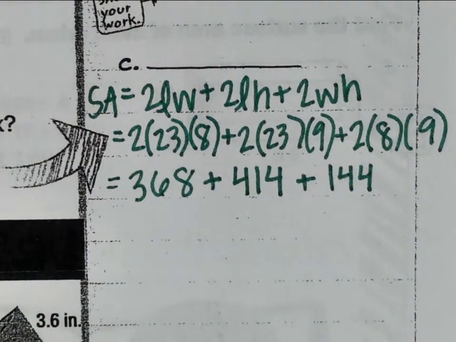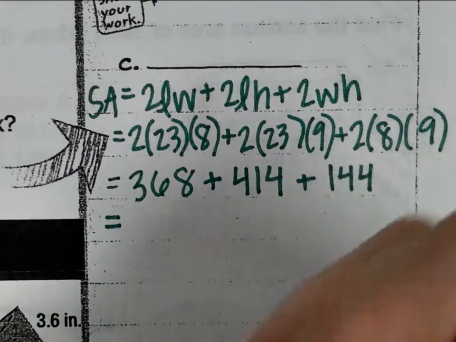So now I need to add those 3 numbers together. What is it? 900. I got 926. Somebody else do it and see what you get, because we're getting a few different answers. 368 plus 414 plus 144. 926. Okay.